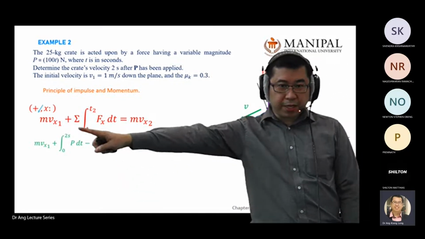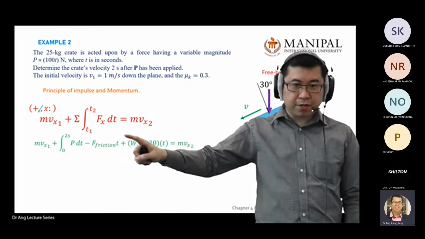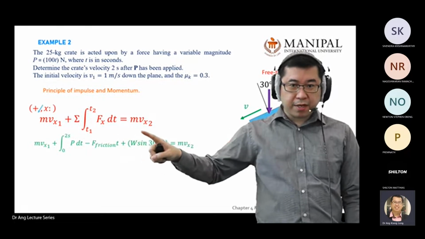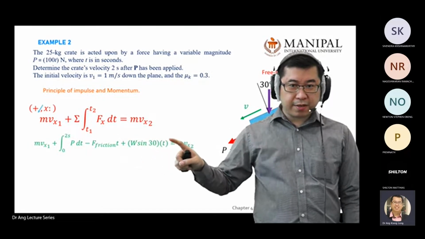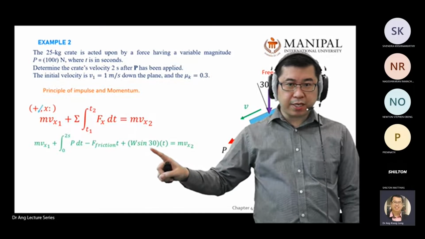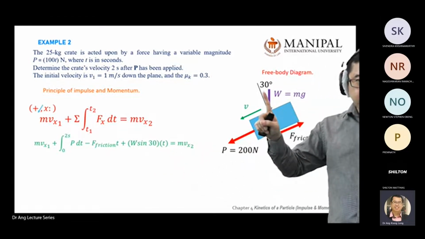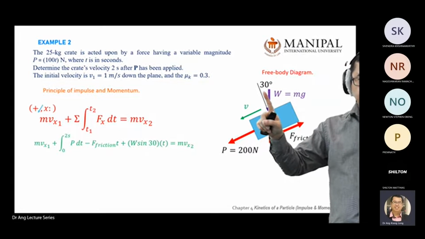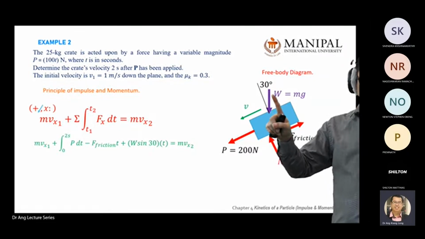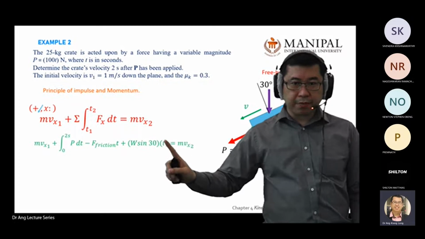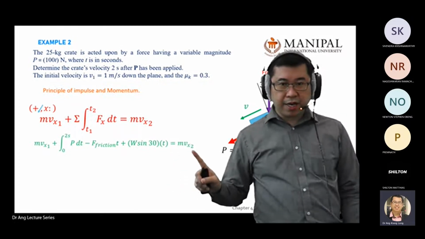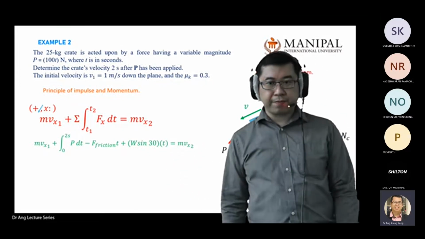So you have P dt, friction force times time, weight times t, and my weight here in the X direction is W sine 30 times t, positive, and mv2.